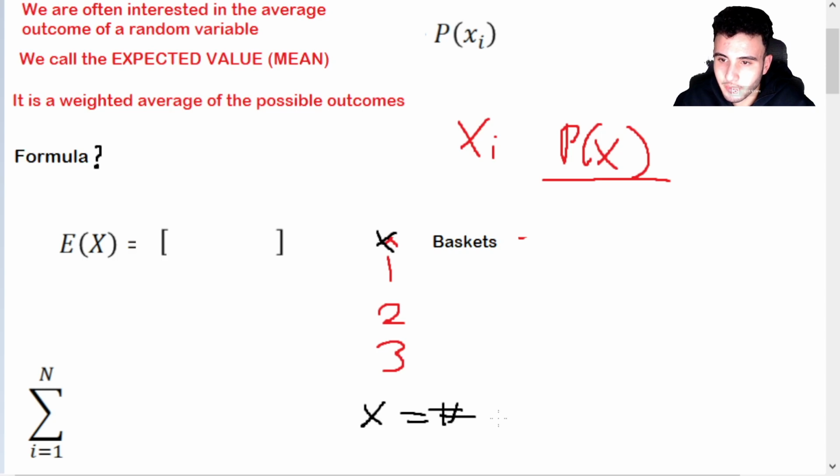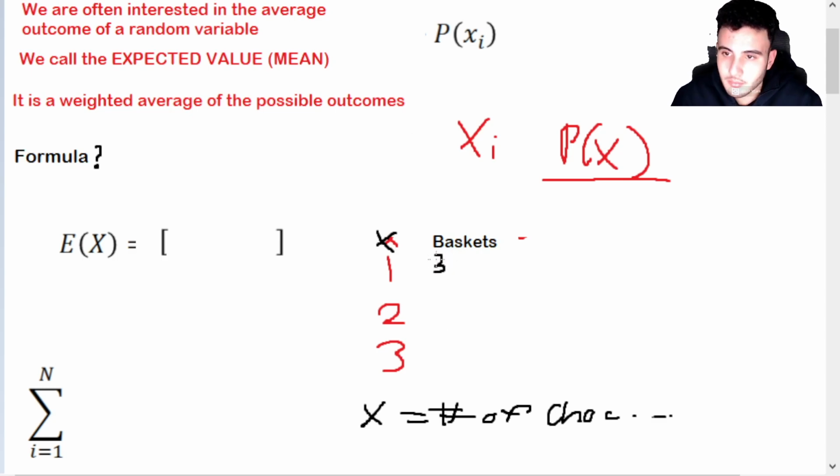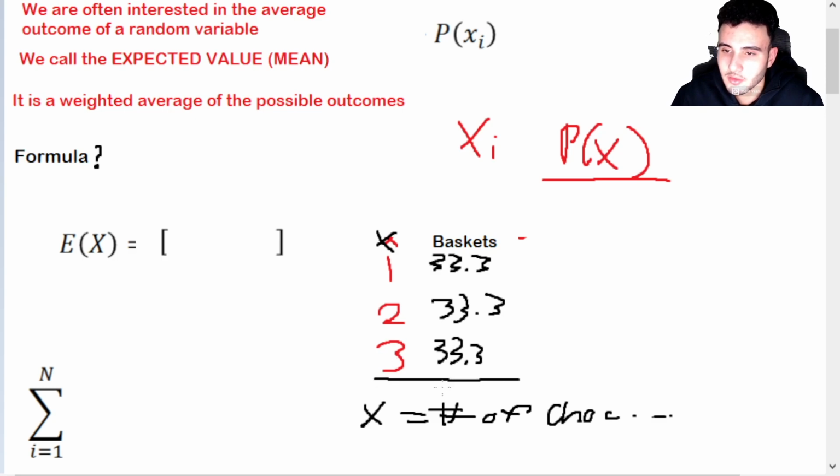We're going to have x equals the number of chocolates, and in this situation we're going to have, let's say, 33.3 baskets with 1 chocolate in it, 33.3 with 2 chocolates in it, and 33.3 with 3 chocolates in it, and totaling that up gives us 100 baskets.